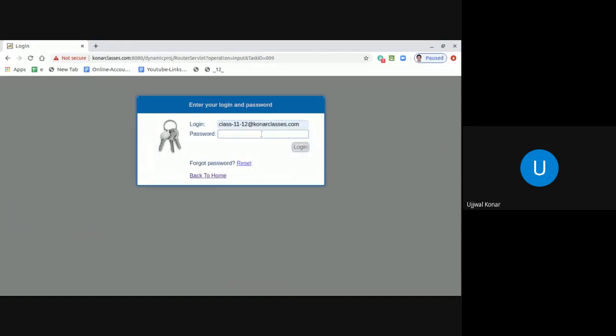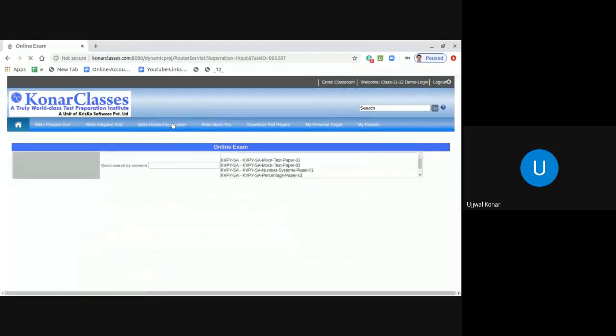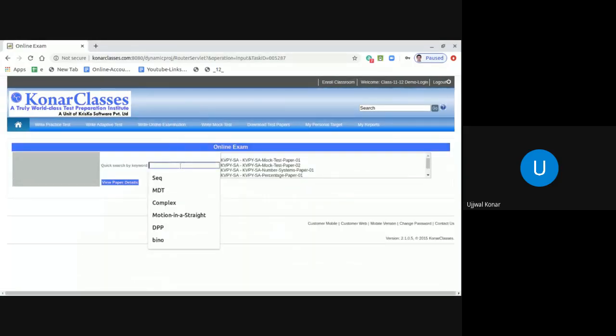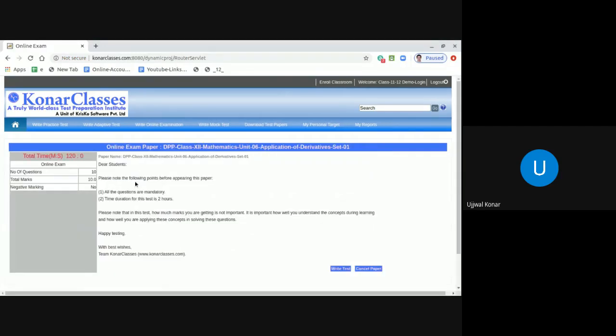All of you have a login, I hope. If someone of you does not have a login, please do contact me. After giving your login and password, you can go to the right online examination. Go to right online examination, and then here click on application. You see, application of derivative has started coming.